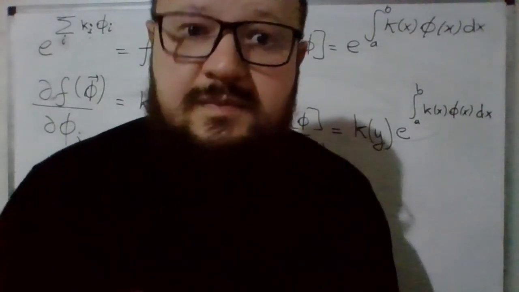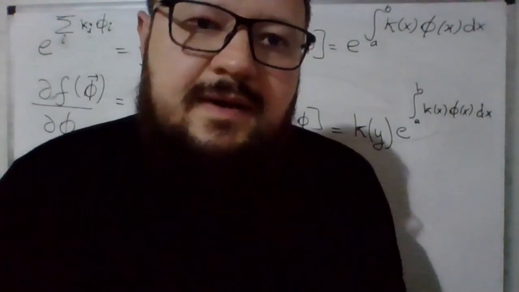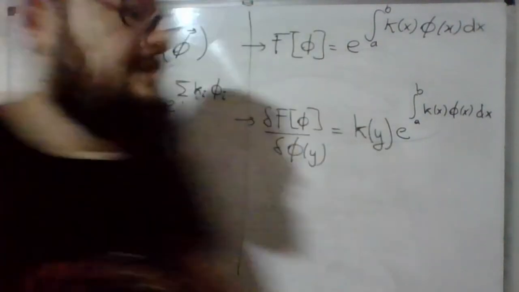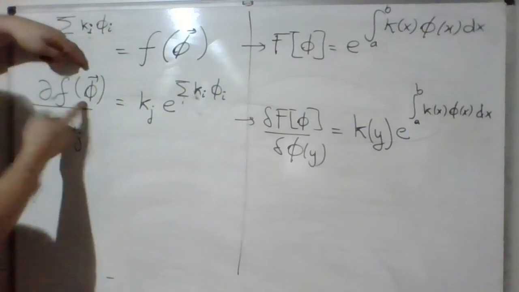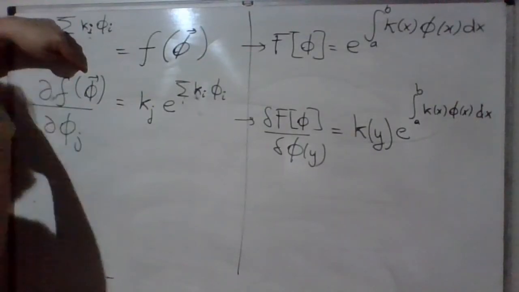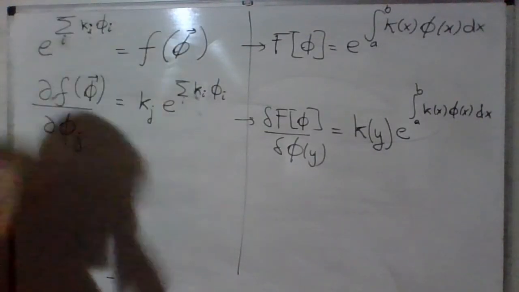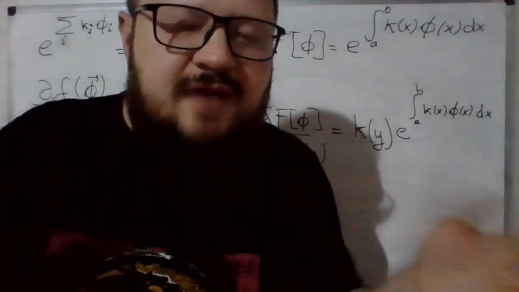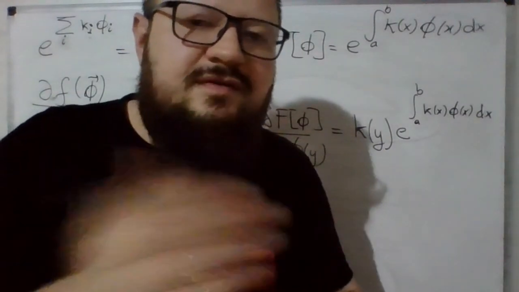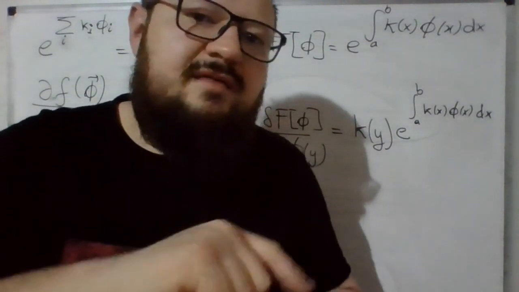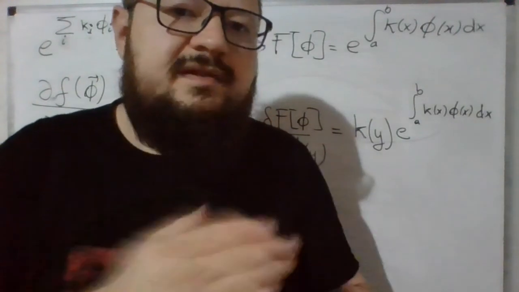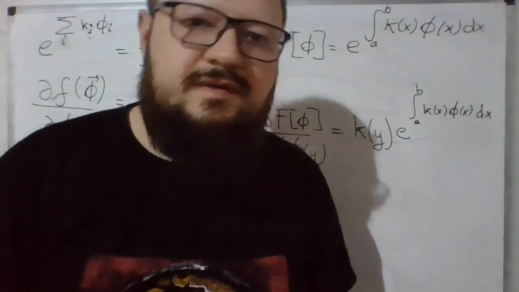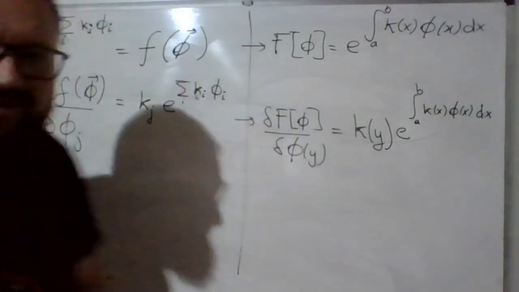A functional can be considered the limit where the argument, the input of a function, becomes a vector which has infinite components, and the directions of this vector space vary continuously, and each of the directions is orthogonal to the others, just like in a continuous Hilbert space.